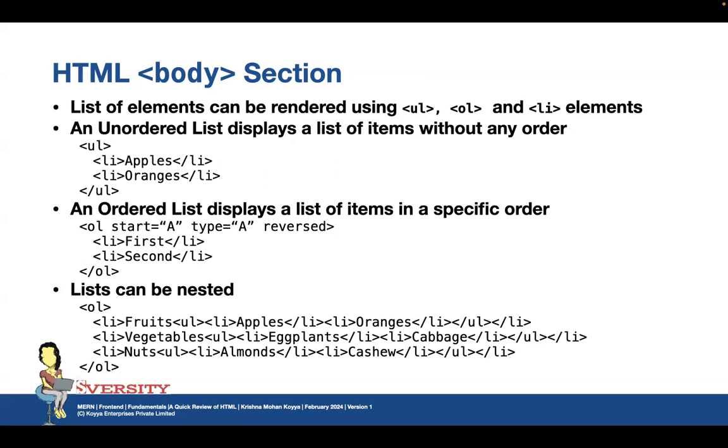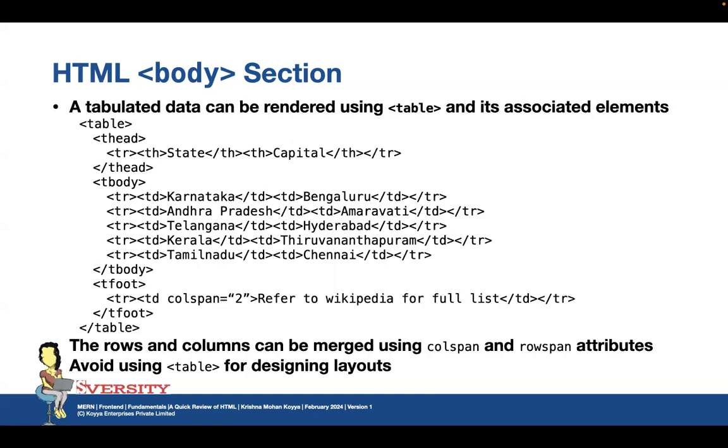Even though for brevity we have written that entire LI tag in just one line, your editors definitely suggest, and even if they don't, make sure that you write them in a proper structure, one line at a time, so that it is much more readable rather than writing it as one single line.